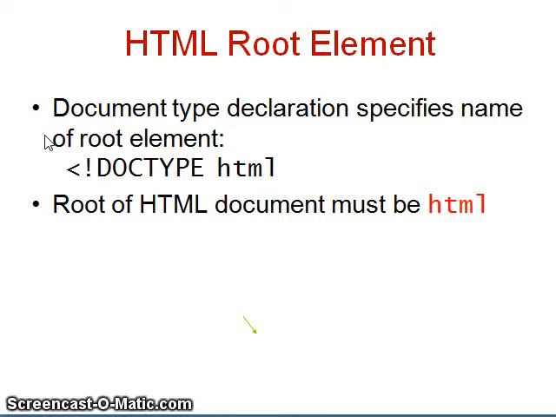The first thing in our HTML document is the doctype declaration, where we specify the name of the root element. Here in an HTML document, since HTML is going to be the root element, followed by doctype, we have to specify HTML.